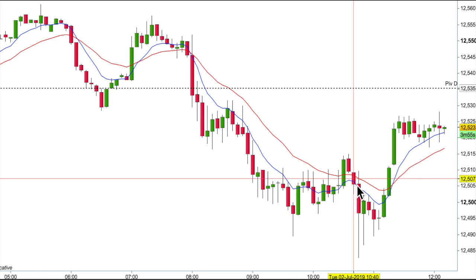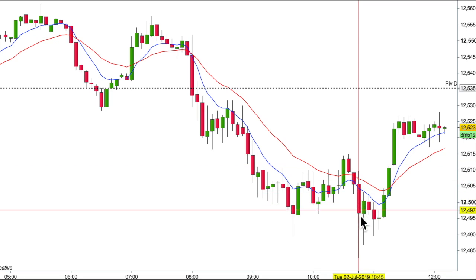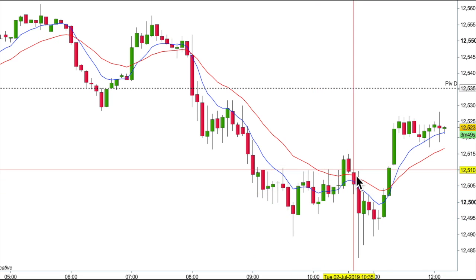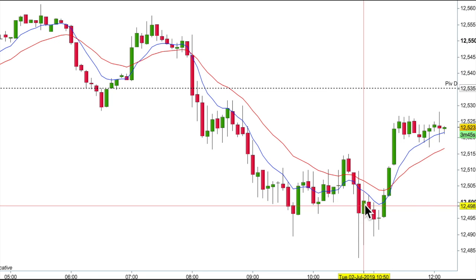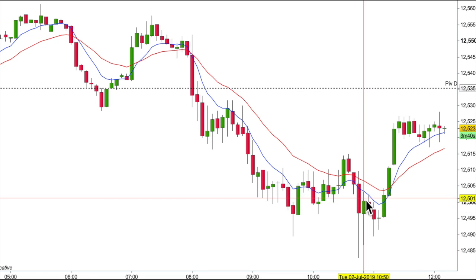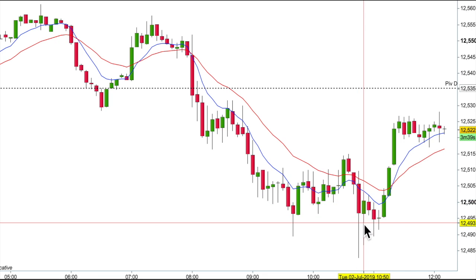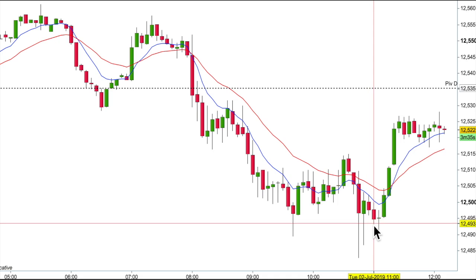And you can see that within the details of these candlesticks here, market pulled up, went straight back down, big thrust down, but failed to consolidate below the 12,500 level. And there are 1, 2, 3, 4 big tails on the candlesticks.